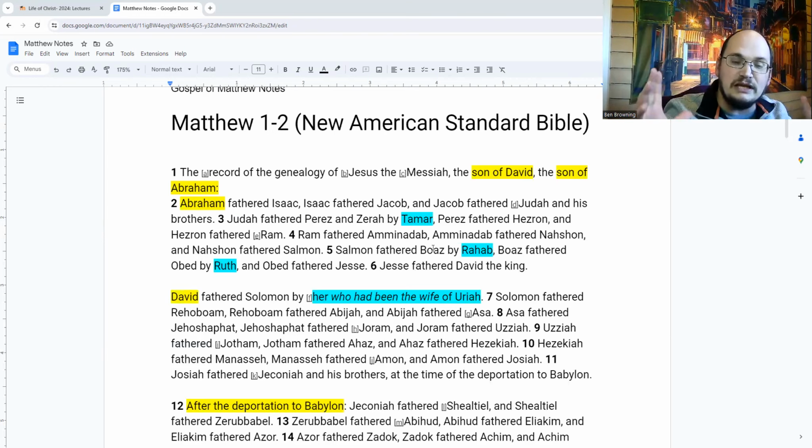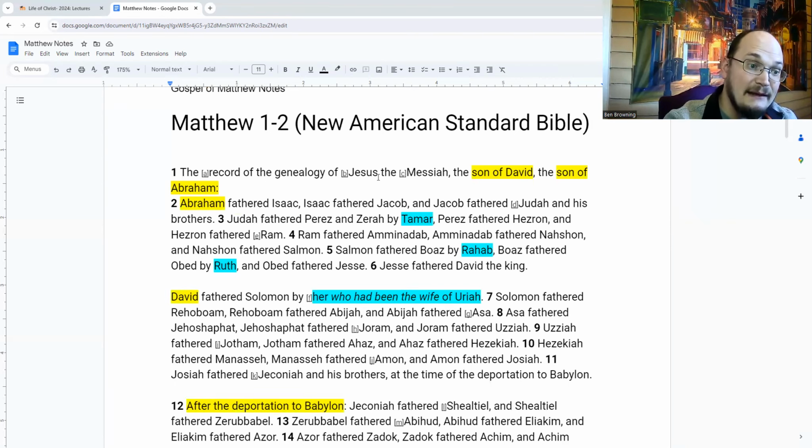So you have these really important tribal identifications that are necessary in order for him to fulfill the role of being the Messiah. So in order for Jesus to be the Messiah, he must be a son of David, and he must be a son of Abraham. So he's got to be from the right family, from the right tribe, from the right nation. And those things are absolutely required in order for him to truly be the Messiah, the anointed one of God, the one promised in the Old Testament.